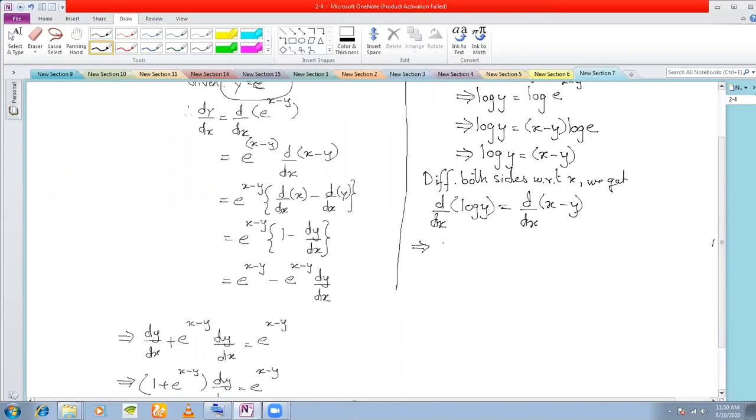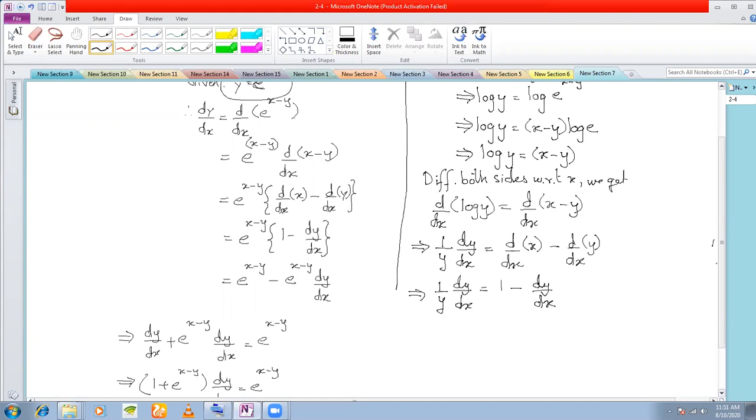Means you're differentiating log y with respect to x. So you get 1 by y dy/dx is equal to d/dx of x minus d/dx of y, which is dy/dx. That means 1 by y dy/dx, d/dx of x is 1 and d/dx of y is dy/dx.